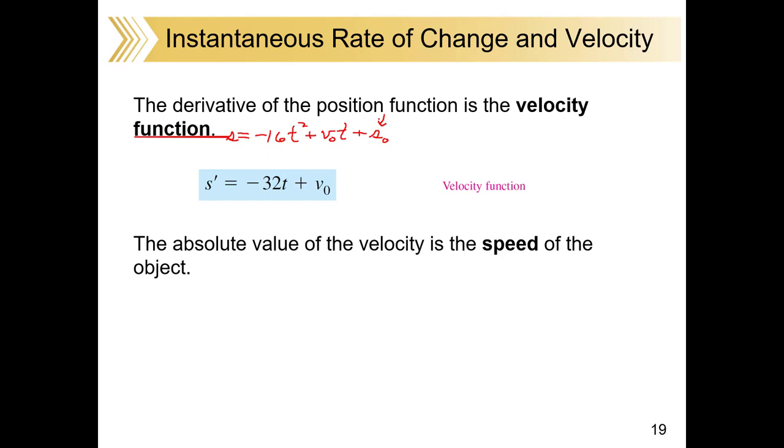So when we take the derivative of this, of course, we've got the s prime, and if we prefer, we could write it as ds dt, because it's t that's changing. And we bring that 2 out front, we get negative 32t. And the derivative of t, just like x, is a 1. So we get v sub 0. That's our velocity function.